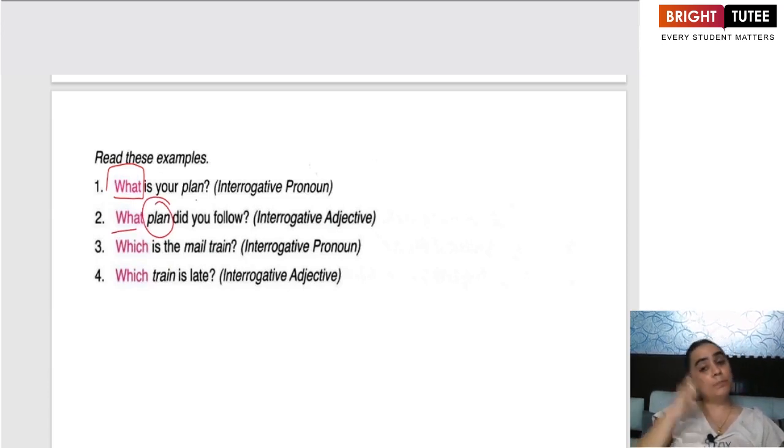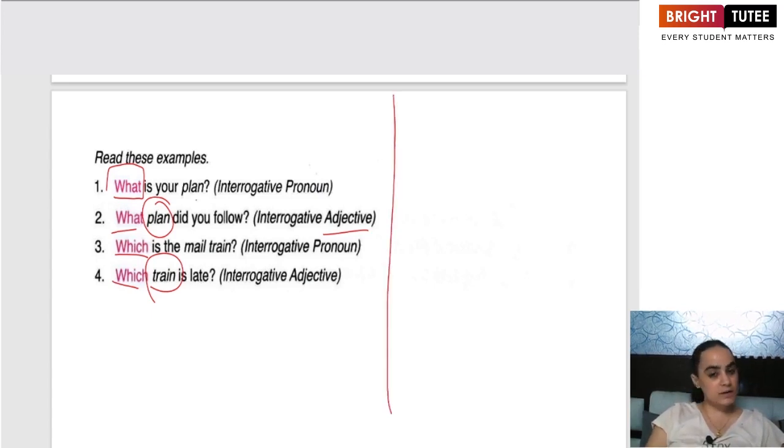My noun plan is used immediately next to my interrogative pronoun what. So in this case, this is an adjective. Which is the mail train? Which is independent. There is no noun next to it, so this is a pronoun. Which train is late? Train is a noun which is used exactly next to which, so that is an adjective.